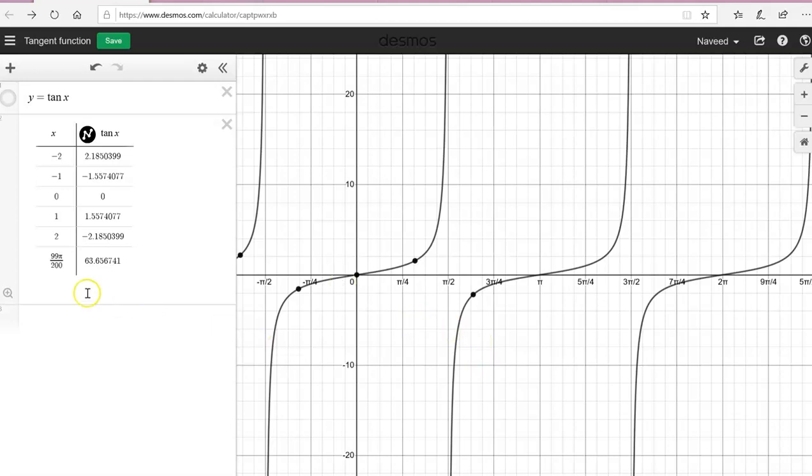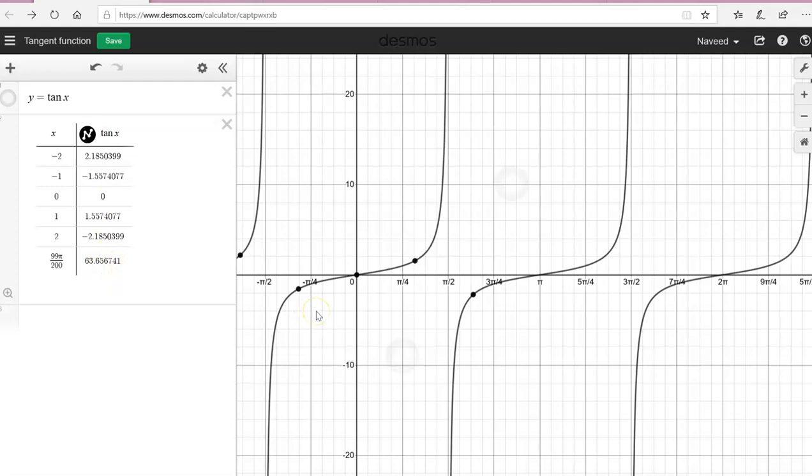I put in one value just to get your attention. 99 pi over 200 is very, very close to pi over 2. And I wanted to make sure that you see that the value of tangent at that value gets really, really big, 63. And this is not even that close to pi over 2. I can even come to a thousandth of a decimal close to pi over 2, and the value of tangent of x will be in the thousands.